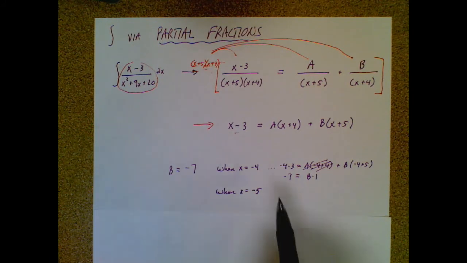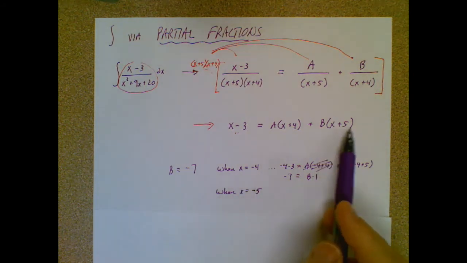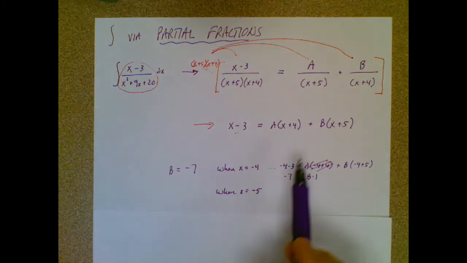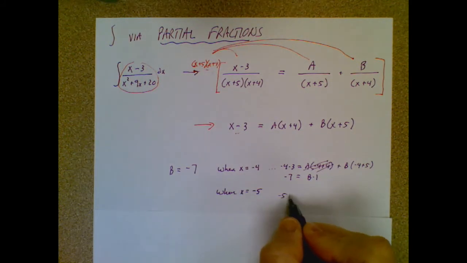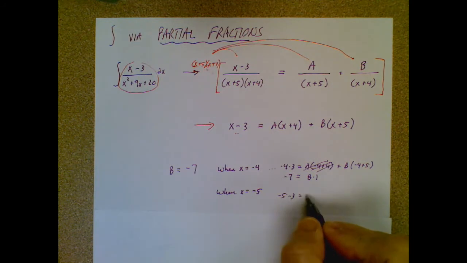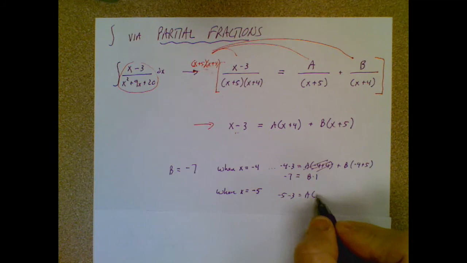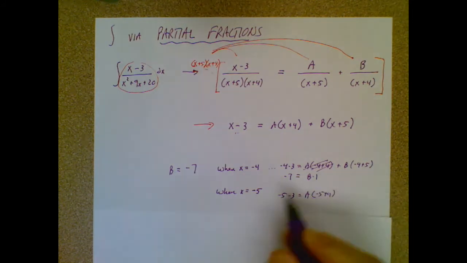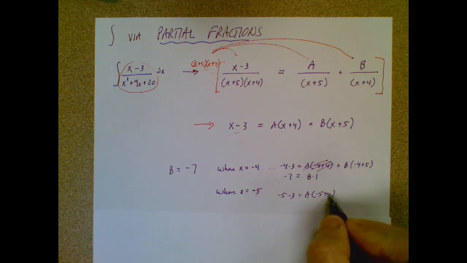Nice. Now when x equals negative 5, and I chose this negative 5 because I know it's going to do some shenanigans over here, when I plug in a negative 5, I get negative 5 minus 3, and then a negative 5 plus 4, and a negative 5 over here, negative 5 plus 5.